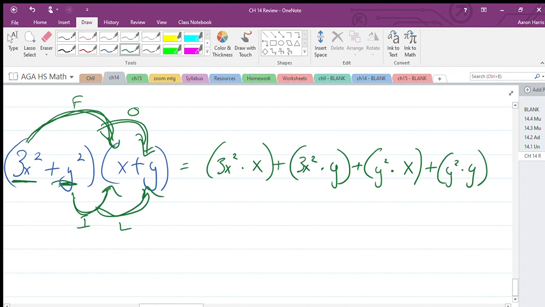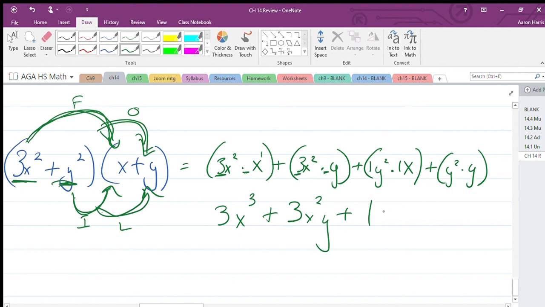So here we go, 3x squared times x. So this is a 1. So 3 times 1, 3. 2 plus 1 is 3, so I get 3x cubed. Here's 3 times 1, so I get a plus 3x squared y. Here is a 1 times 1, so I get a positive 1.